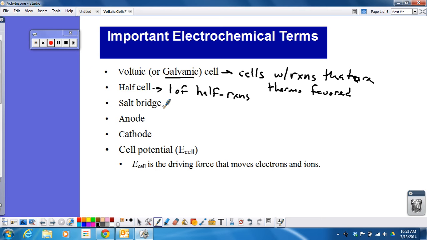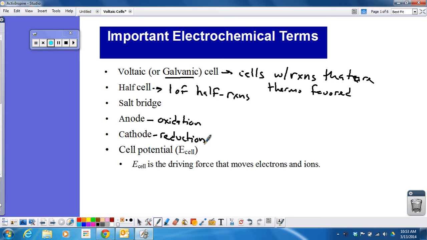Okay. Then we also had the anode and the cathode. Those are the two areas where oxidation and reduction, those two half reactions, take place. The anode is where oxidation occurs. Always. Oxidation occurs at the anode, reduction occurs at the cathode.